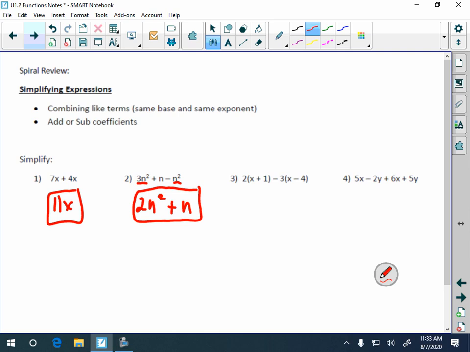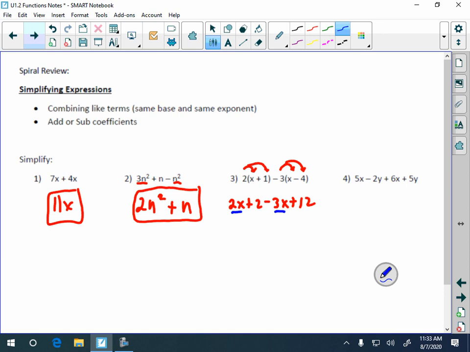Number 3, we're going to go ahead and distribute. That means multiply inside first. Okay, so -2 gets multiplied to the x and the 1. So that's going to be -2x plus 2. Then we're going to distribute the -3 in. So -3x plus 12. Now we can combine like terms.